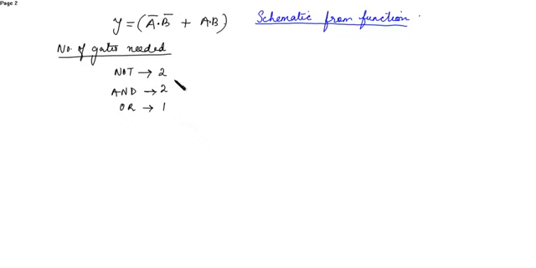So now if you try to implement this at a gate level diagram, then you need two inverters.